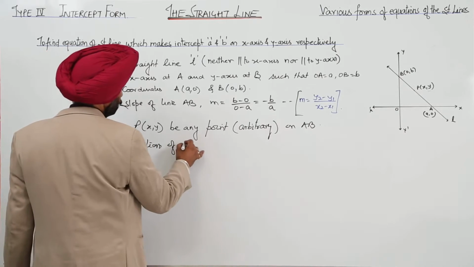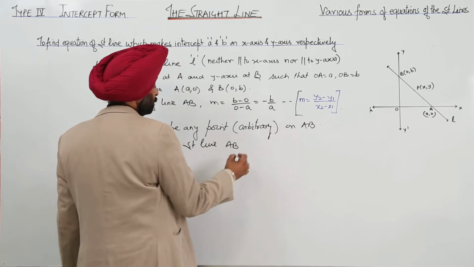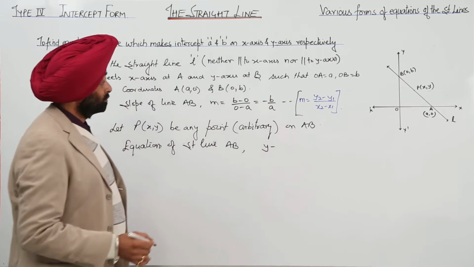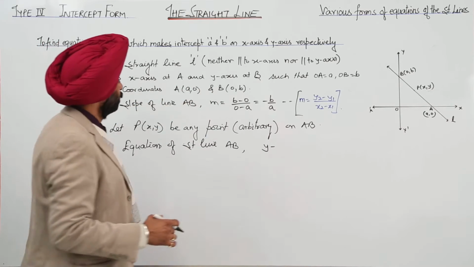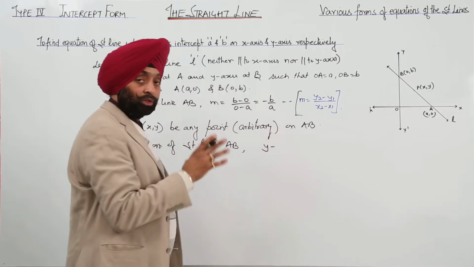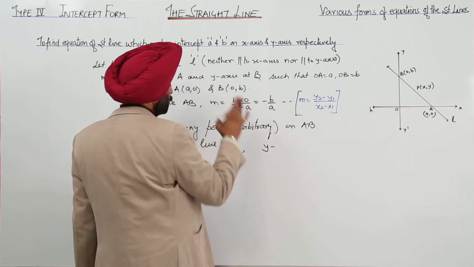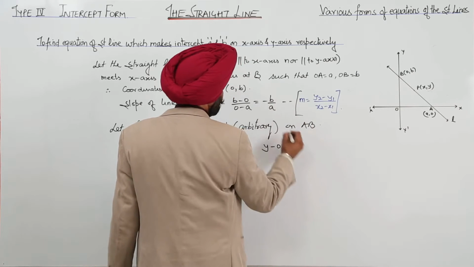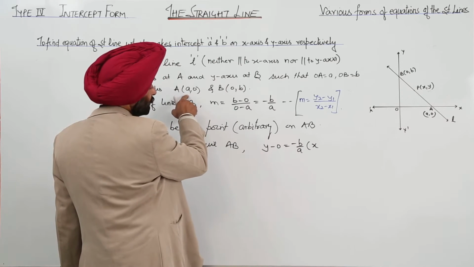The equation of the straight line AB: we have coordinates A and B, so we can take any of them to get the equation, because both points A and B are on the line. So you can go with any of the points. Let's go with point A. Now y minus 0 is equal to m, where m is negative of b upon a, times (x minus a), since x1 is a.